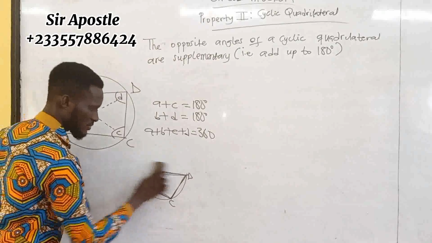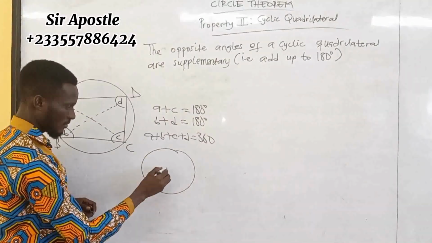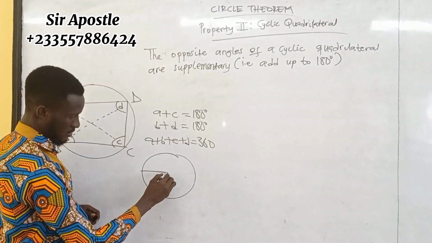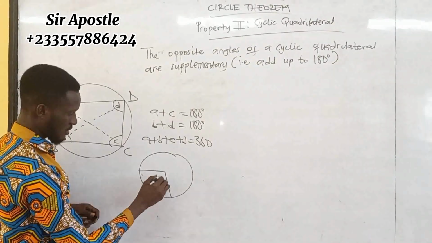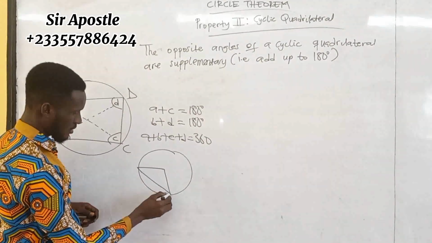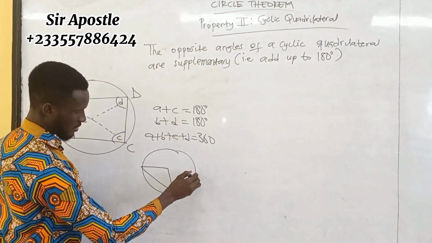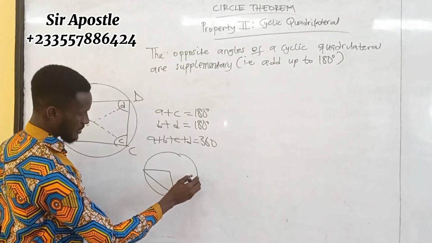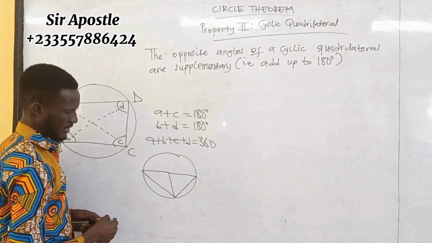But note this particular thing is not a quadrilateral. Look at this. So if I have something like this, and then they say this one forms an angle here, this one can never be a quadrilateral, right?